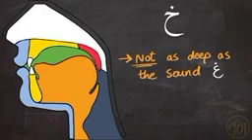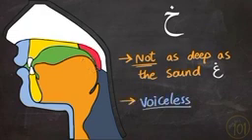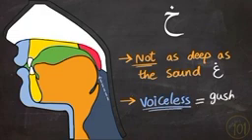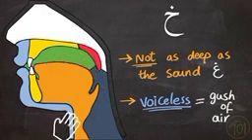The second difference is that the Kha sound is a voiceless sound, which means that it is produced by pushing a gush of air through the opening created between the root of the tongue and the soft palate. To understand what I mean, try touching your throat when pronouncing the Kha sound.